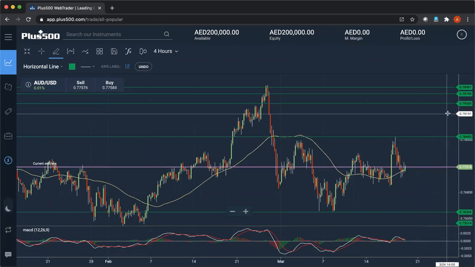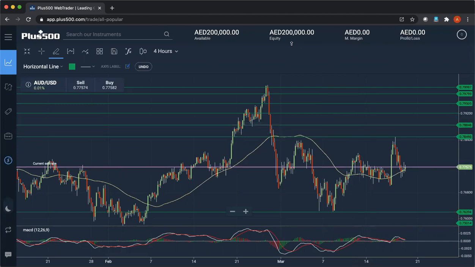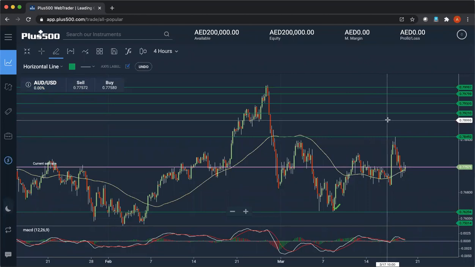I'm setting all of them because then I want to go to the lower time frame. 79,200. And what about the next one? 79,000. Round number. The next one is 79 itself, 0.79.